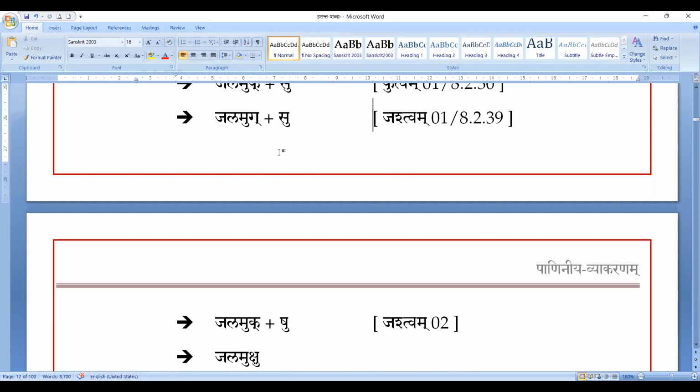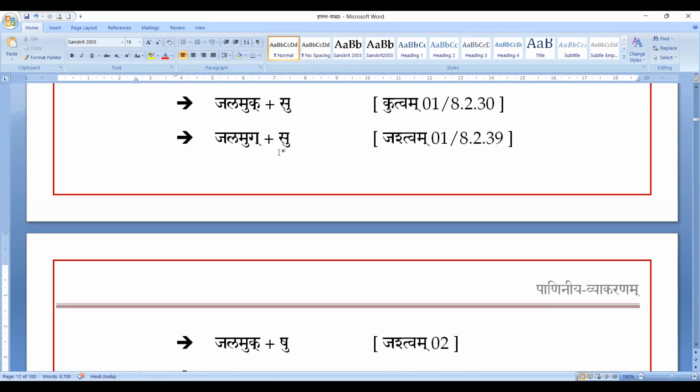You cannot apply here. So what do you have to apply? When a khar letter follows, what will happen to a jhal letter? Chartva. Chartva vidhi will happen. Kakara will be replaced by Tattva. Therefore, Chartva is Chartvam.